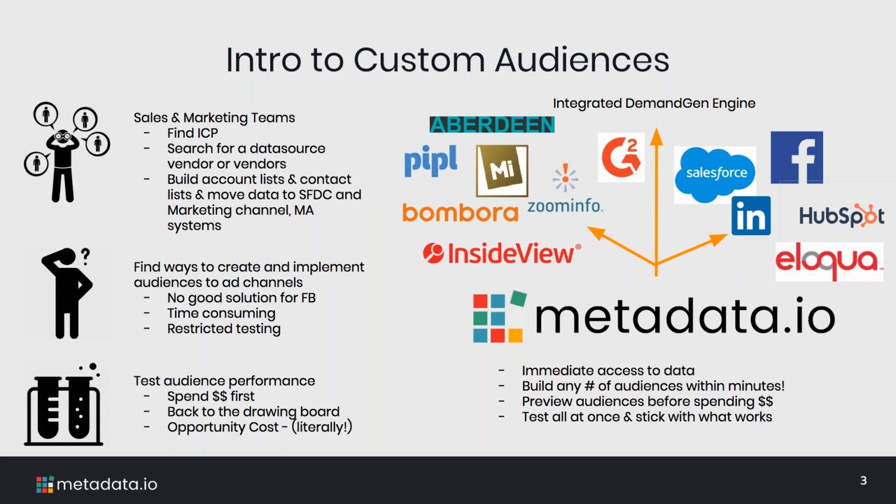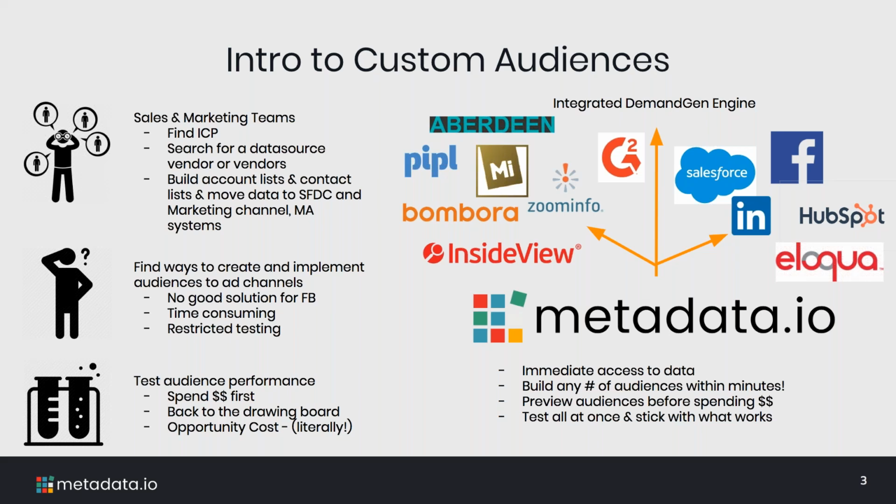So let's go into a bit regarding what type of custom audience you should first test for your campaigns. And that really depends on what your marketing goal currently is, right? So if your goal is account penetration, or penetrating the top 100 accounts or tier 1 accounts, then of course the first type of audience that you might want to go after is a list of companies, an ABM list.